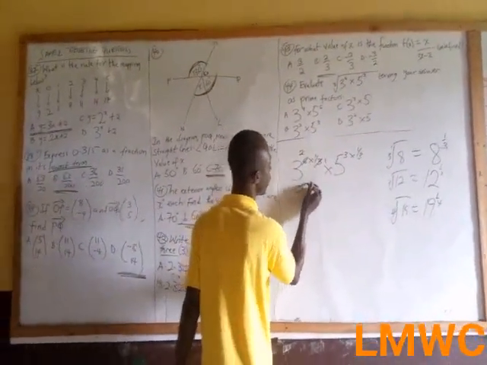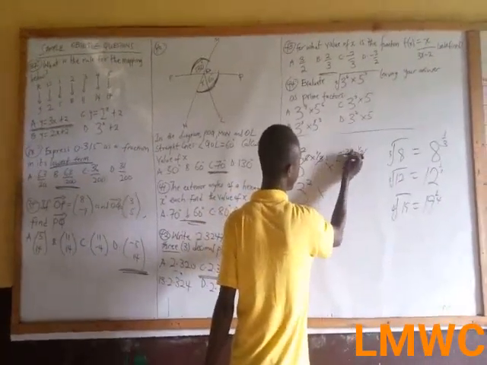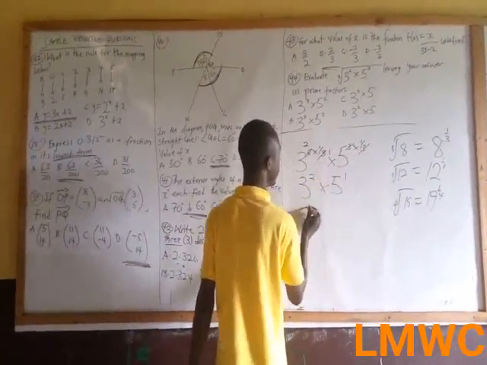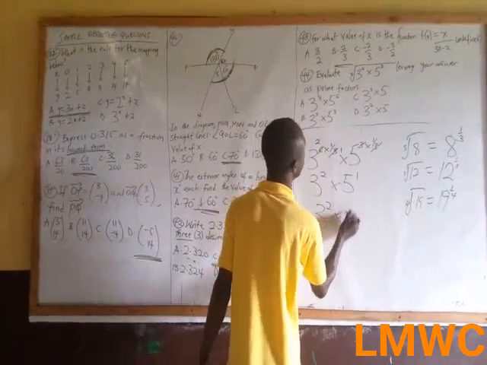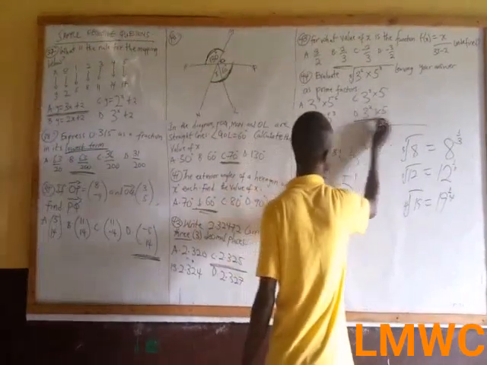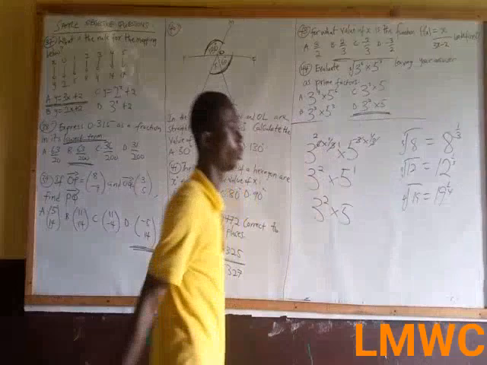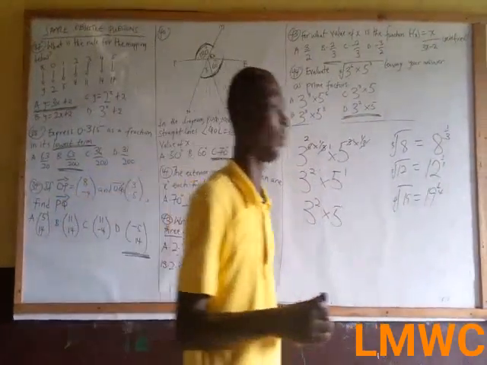It becomes 3 raised to the power 2 times, 3 will cancel this, so 5 raised to the power 1 is the same as 5. So 3 raised to the power 2 times 5. Our answer is D. Take note. The answer is D.